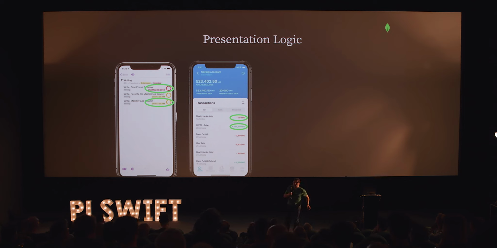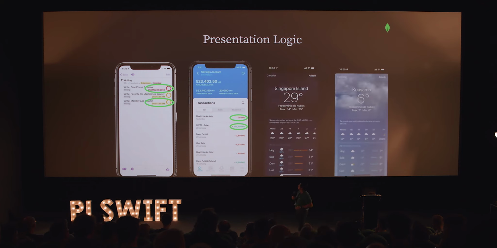But this shows red for transactions that are getting money out of your account, while green means that you're getting money in, that you are happier now. Particularly for the amounts, you're much happier now. So again, this doesn't affect the domain logic of your application. It only affects the way the information is presented to you, but it's relevant. It makes our users' lives easier because you provide this information.